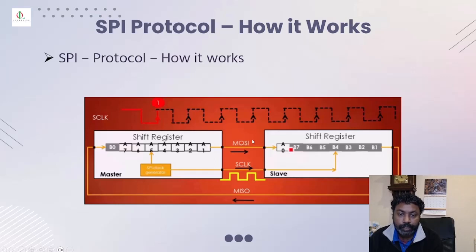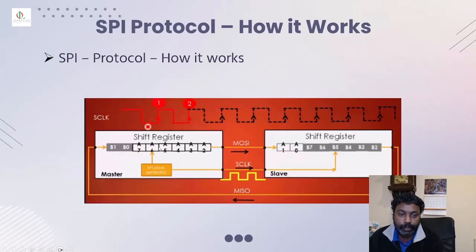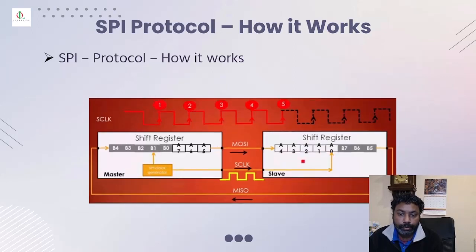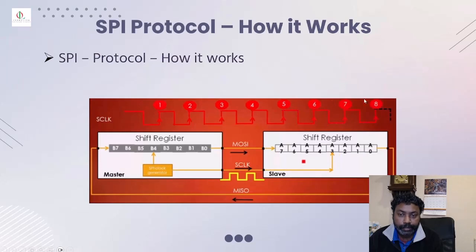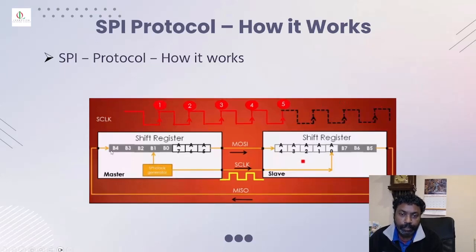Likewise, you need to shift everything, A0, A1, A2, A3, up to A7, in 8 iterations. So now the MOSI and the MISO, using the shift registers, both the bits are transferred. So it's a full duplex. So this is how it is done. When you transmit one data, the other one gets filled back.